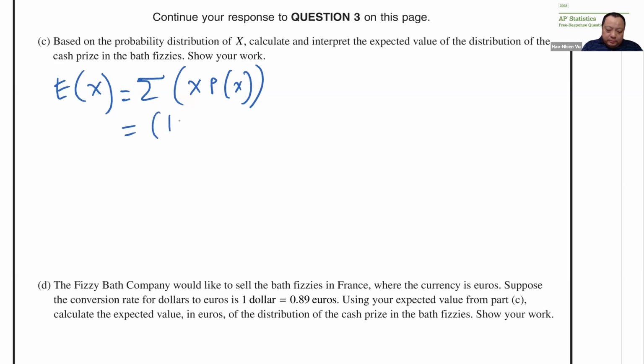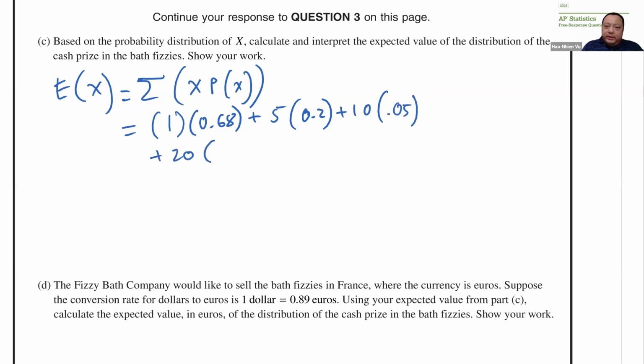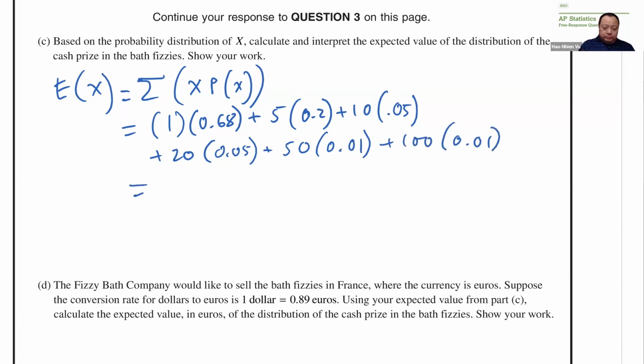One times 0.68, that's $1, plus 5 times 0.2, 10 times 0.05, 20 times 0.05, 50 times 0.01, 100 times 0.01 is 4.68. And what does this mean?